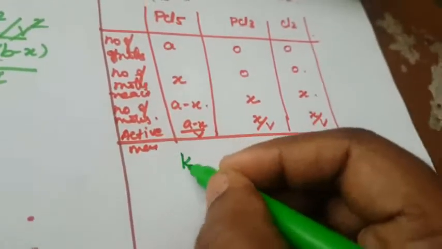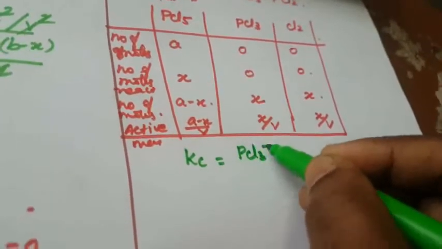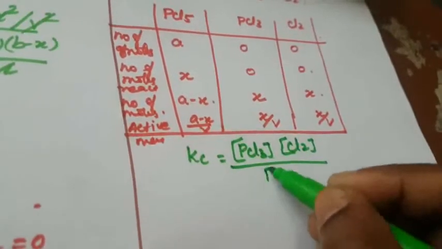According to the law of mass action, how to write the Kc value? Kc equals product concentration, PCl3 times Cl2, divided by PCl5.